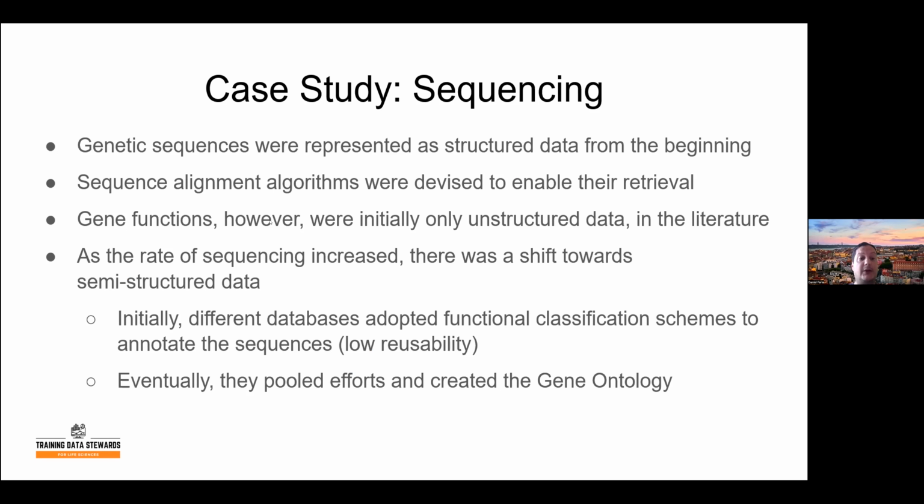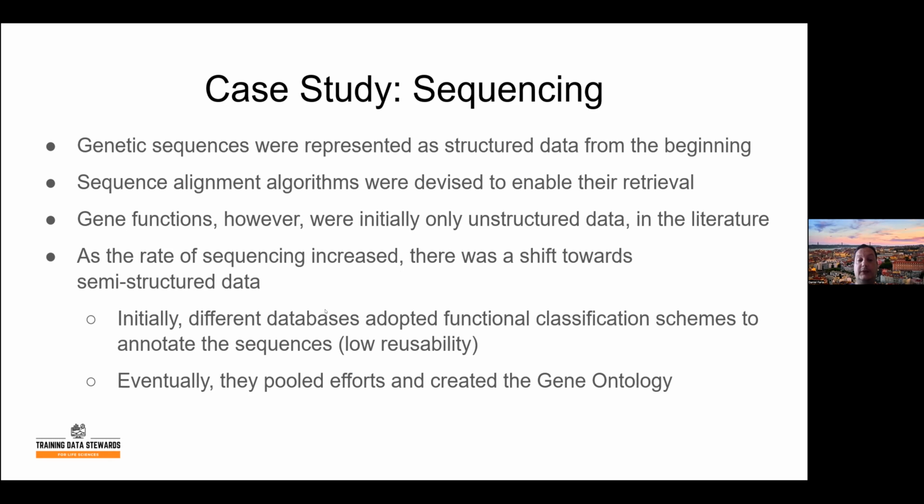Okay, gene functions, however, are very different. Initially, they were only provided as unstructured data in the literature. So people would describe the function of a gene in the literature. But as the rate of sequencing increased, people started realizing we need to have some sort of controlled vocabulary describing gene functions.